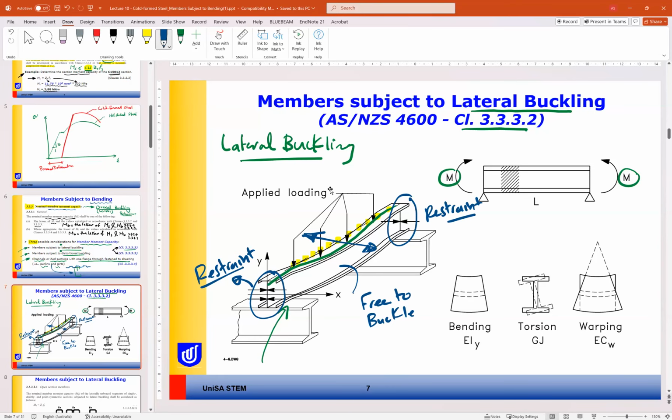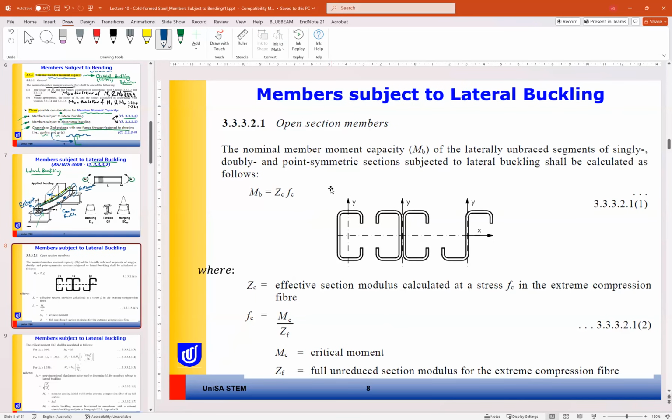What is the member capacity for a member subjected to lateral buckling? If you ensure that your beam will be subjected to lateral buckling due to bending, you need to follow clause 3.3.3.2. Under it, we have two cases: the first for open section members, and another for closed sections.